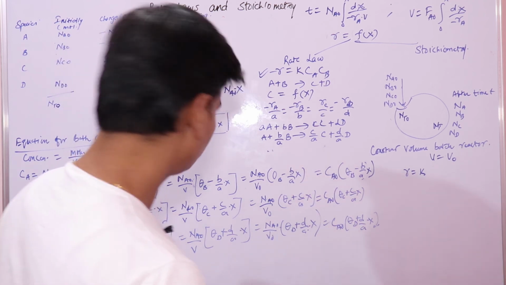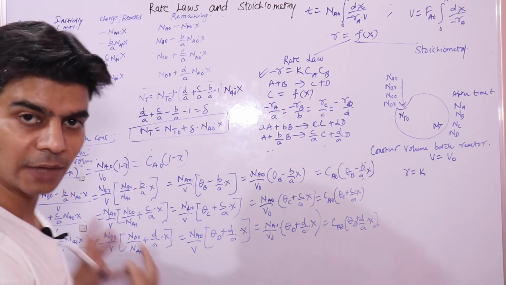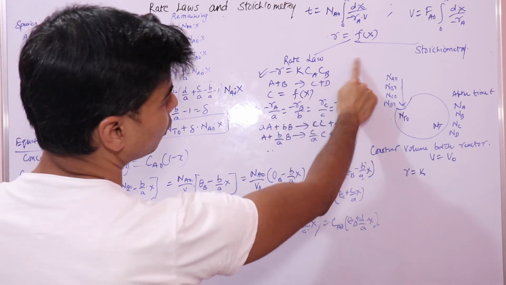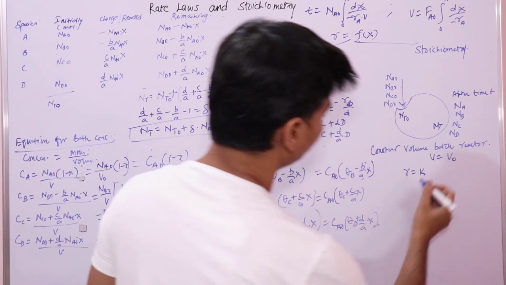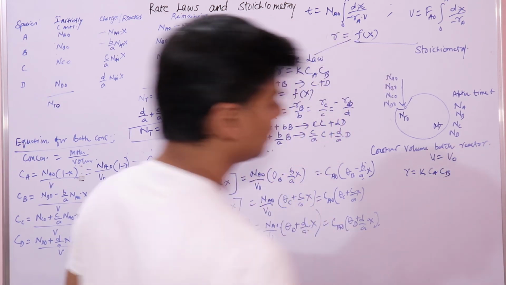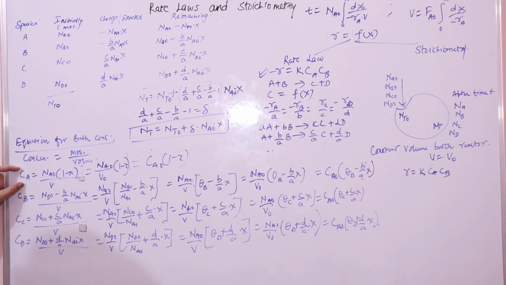Now we will substitute these equations of concentration in the rate law equation, which is K Ca Cb. We'll put Ca from here and Cb from here to express rate in terms of conversion, and this is what we want to achieve.